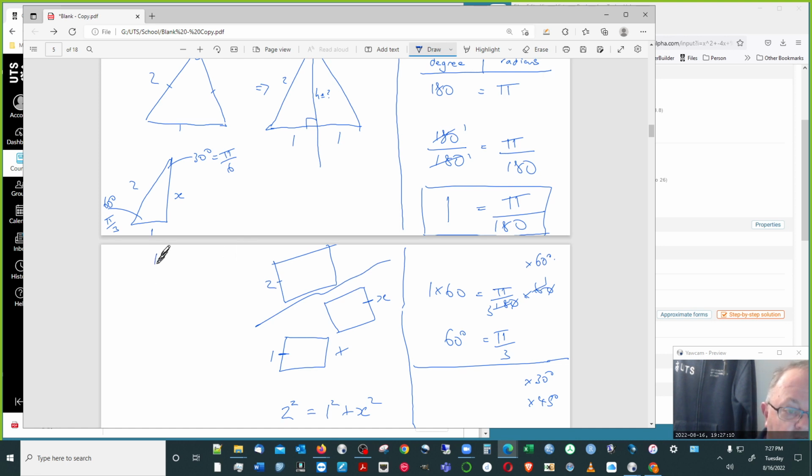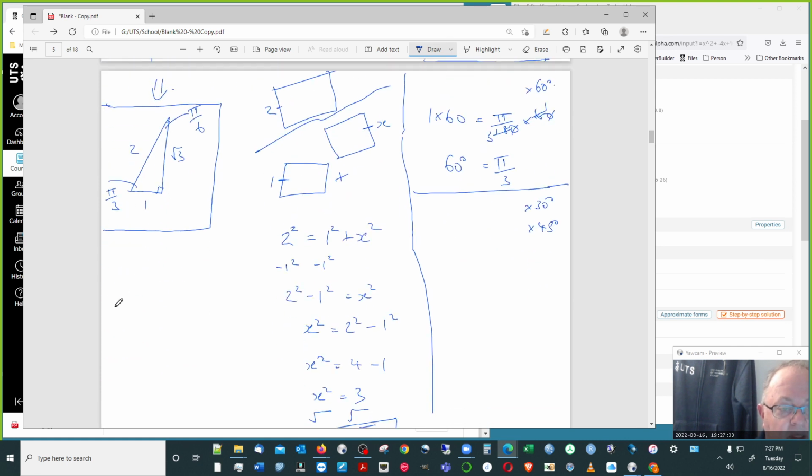So what that means is your triangle now looks like this. And that's what I need you to be able to get to. I need you to be able to get to that with one more step.